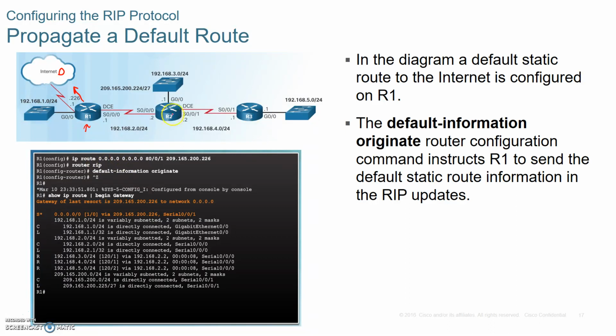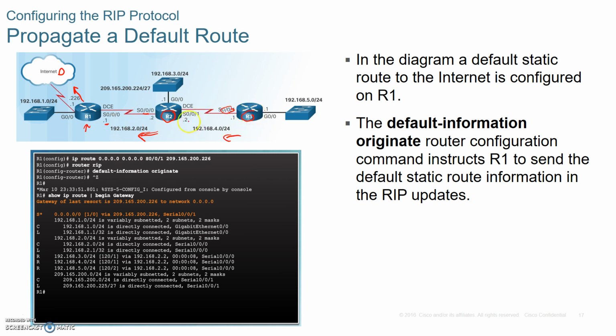R2 can also configure a default route because the internet is in this direction. We can configure the ip route command on R2 to send packets out through this exit interface or next hop. And R3 also, in this direction.